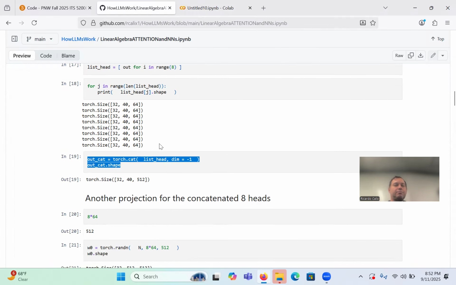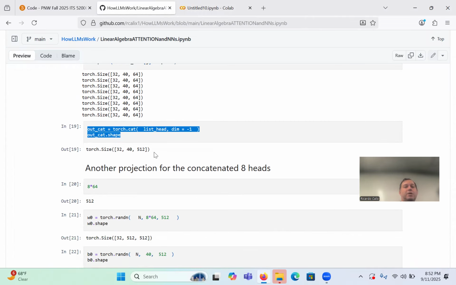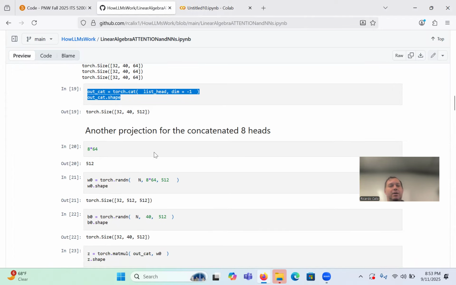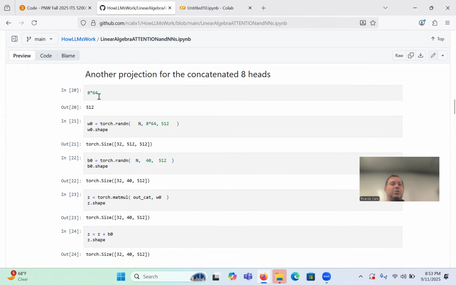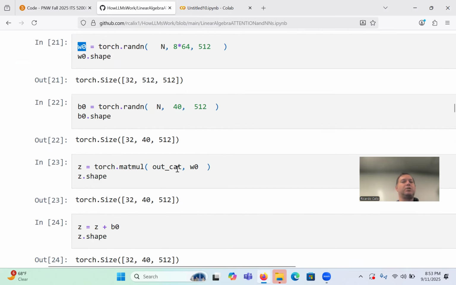All right, so let's see where we are. We have done this one over here, and we have arrived at 32, 45, 12. So essentially we went into a block and just came out. And now we could go into another block and do the same. In fact, notice that you can do another projection just because, and this happens in the neural network. I have another weight matrix, W0, with a bias, and then I matrix multiply it with what I just concatenated.